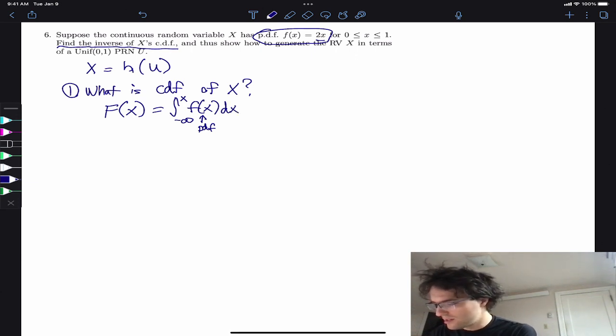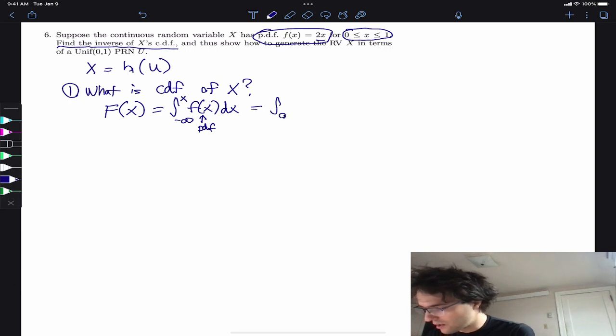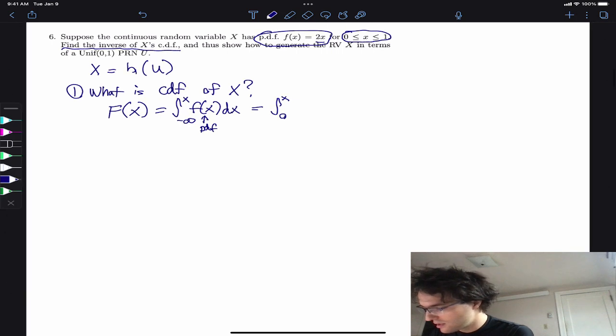However, because the PDF is 0 outside the limits of where x can be, and x can at smallest be a value of 0, our bottom limit can be 0, and we integrate up to x, so that we end up with a function of x. So this is the integral of f of x dx.